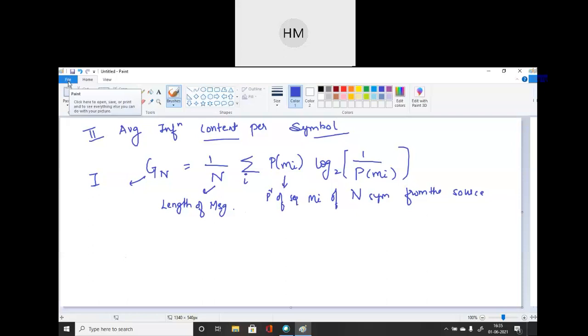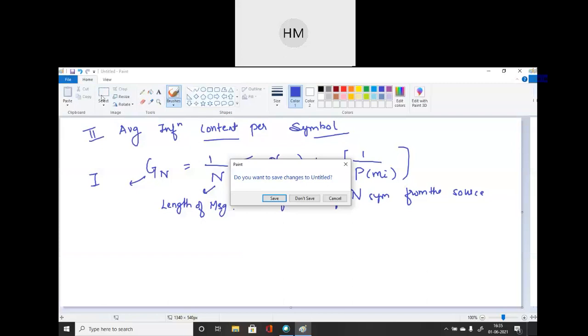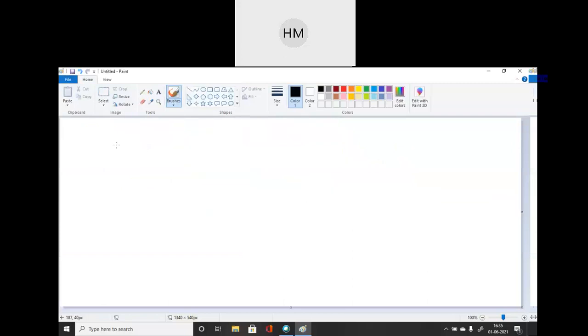Okay, students, we will simplify one numerical. So please write down the question. See the information source graph. Find the following.